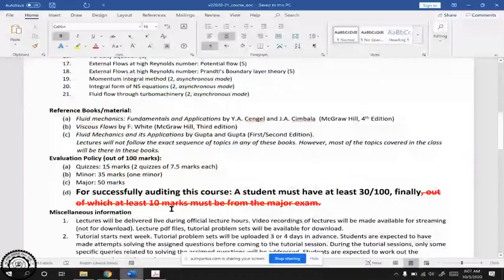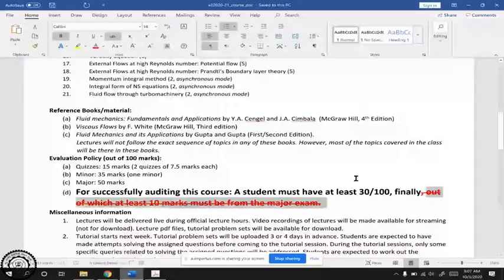But actually on Thursday, we received an advisory from the Dean Academic Office, and they want all courses to have a consistent policy. And thus, I am withdrawing this condition.